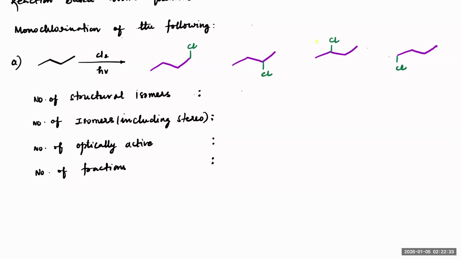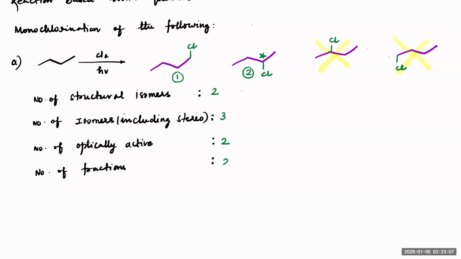So these two are repeated structures, correct? So this is done. Here is the chiral center. Therefore, I will count this as only one isomer. Here I'll count it as two isomers. Structurally, there are only two isomers, including stereo, total three isomers. Optical isomers are two.